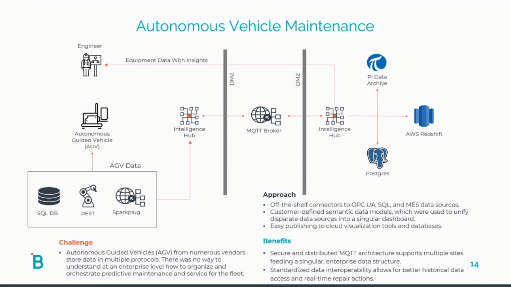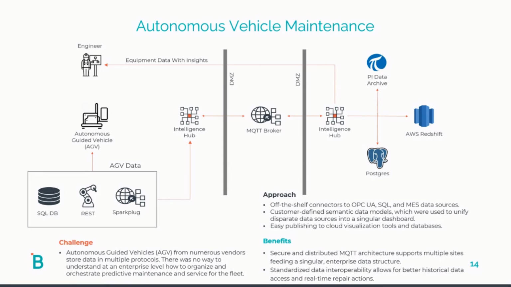It can then combine that information with information from Pi and from other systems, so that you not only know what's going on with the AGVs, but you know what's happening within the whole line that they're servicing or that they're part of, and then publish that to Redshift. At the same time, it could be used to publish data into Pi.